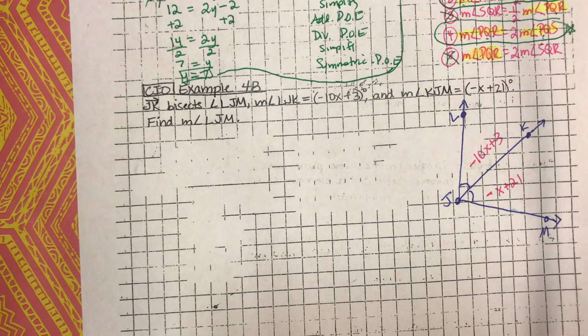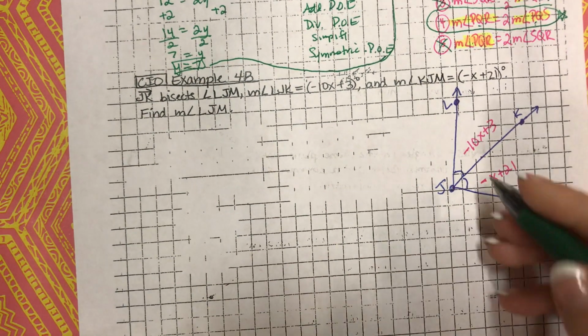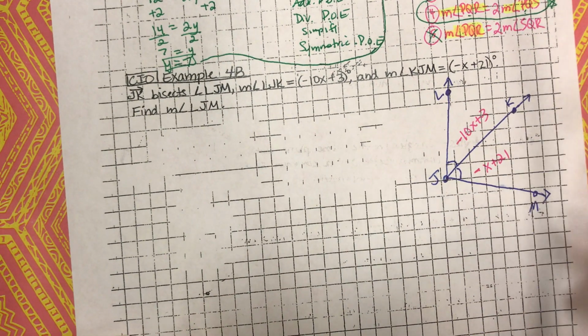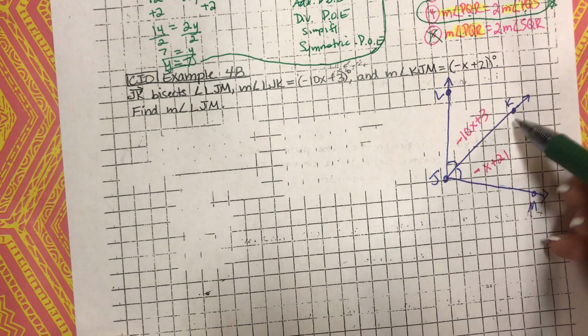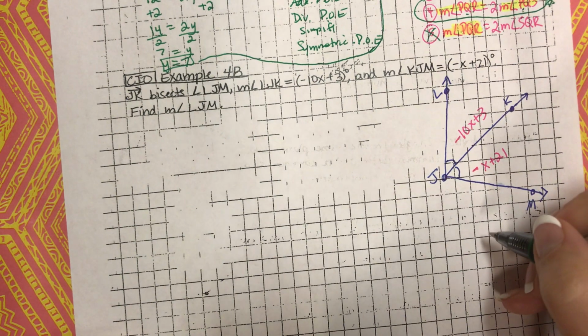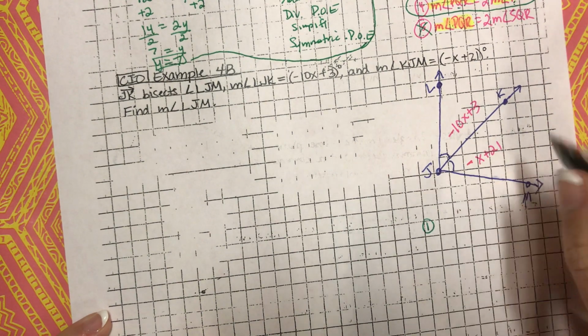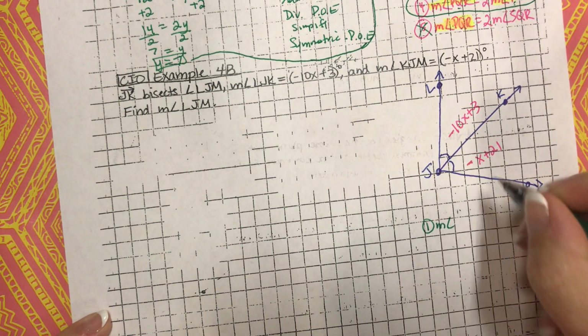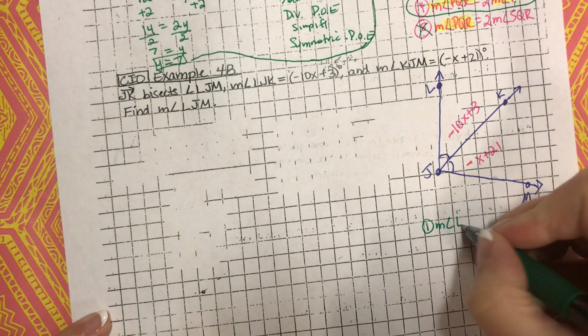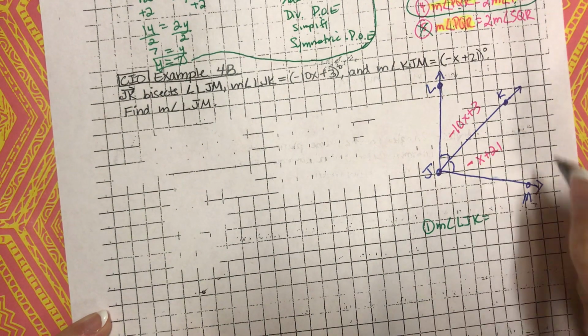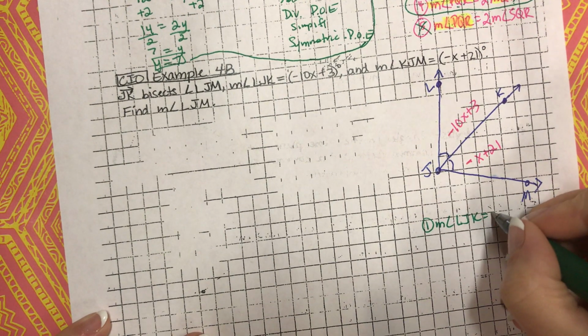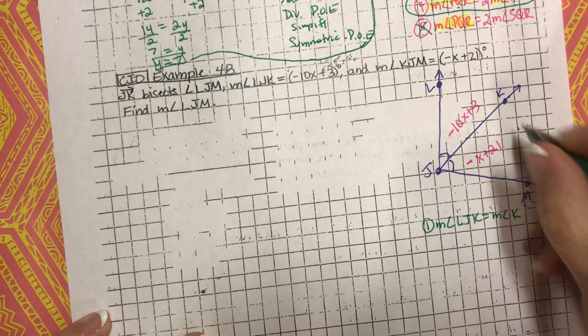All right, well, perfect. So here, this is kind of like a multi-step. Let's go ahead and write down all of our equations that we can from the angle bisector. So first, we know that these 2 angles are just the same, right? So I'm going to say my first equation is the measure of angle LJK is equal to the measure of angle KJM.